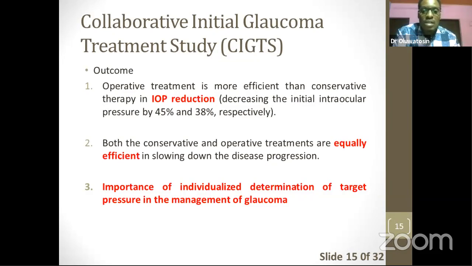In those that received conservative therapy, which is the use of eye medications, intraocular pressure was reduced by 38%. They also found that both interventions, the use of eye drops and surgical intervention, were effective in bringing down the intraocular pressure.